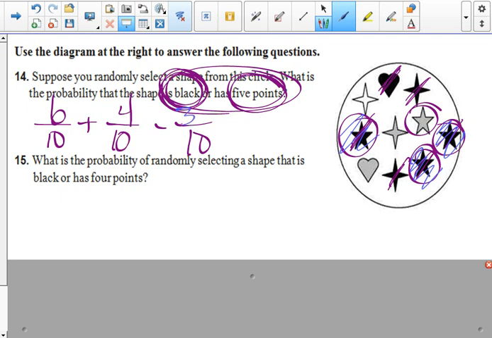See, these 3 stars got counted here, and they also got counted there. So take away those 3, and then you're going to have 6 plus 4 minus 3, which is 7/10.